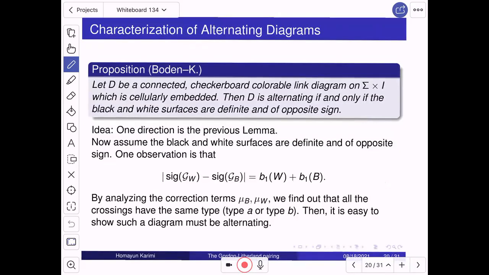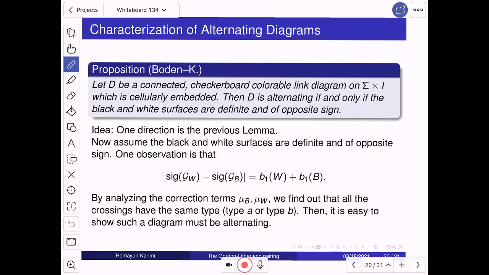Now, the proposition that we have here is: if D is a connected checkerboard colorable link diagram on a surface, and assume it is cellularly embedded, then this diagram is alternating if and only if the black and white surfaces are definite of opposite signs.